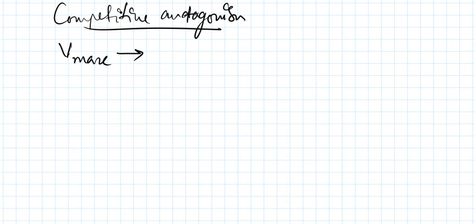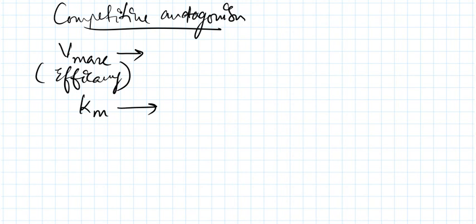Just think of Vmax like efficacy, then everything will be transparent. In the next classes I will discuss in detail what this means. And what is meant by Km? Please think of Km as potency. Imagine Km as the value of potency, and Vmax as efficacy.